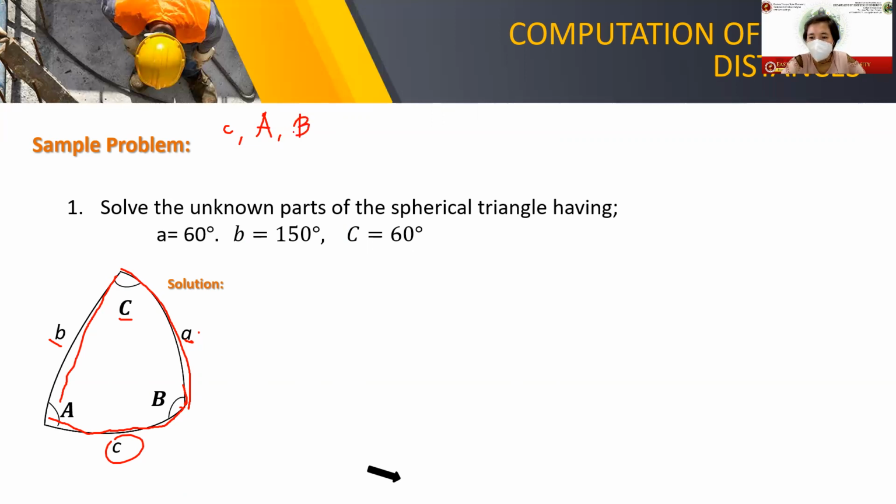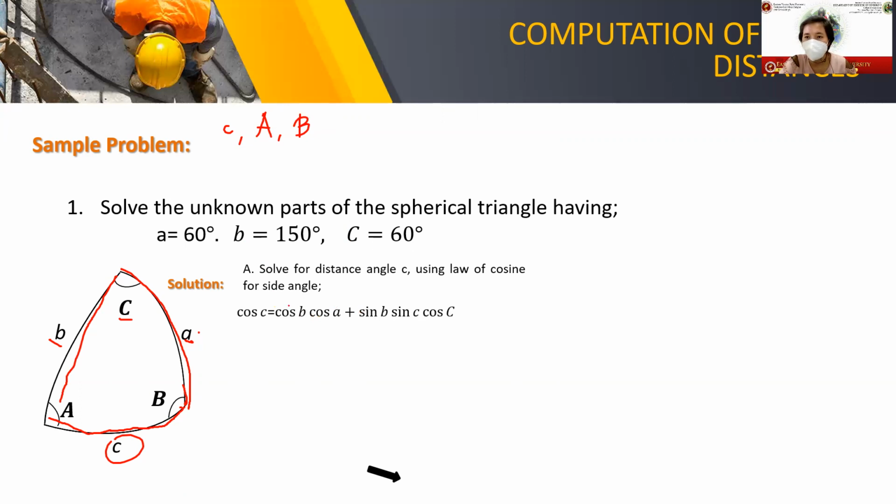So using the formula in the law of cosine for the spherical triangle, we have here the cosine C. We can use this one. We have cosine C times cosine B cosine A plus sine B sine C cosine of your C. Since we need C, which means the side of C, and its opposite has a given value of 60, we can use this formula.